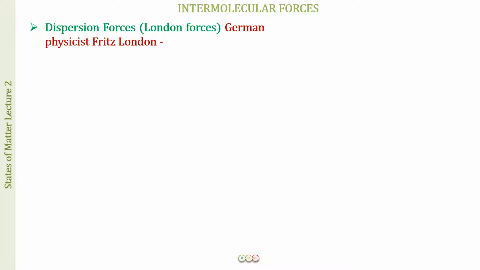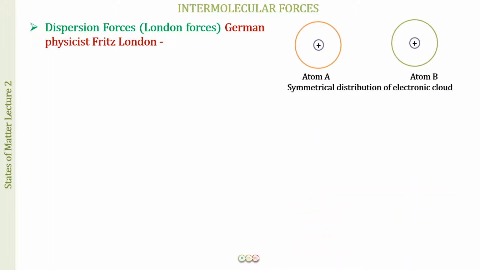Okay. Now, how do we understand what are these forces? Let us see one diagram over here. We have two atoms, atom A and atom B. In the case of atom A, there is a symmetrical distribution of the electron cloud around the nucleus, right? In another atom, there will also be a symmetrical distribution of the electron cloud. So when these atoms are not having a transfer of electrons from atom A to atom B, there is no formation of an ionic bond.